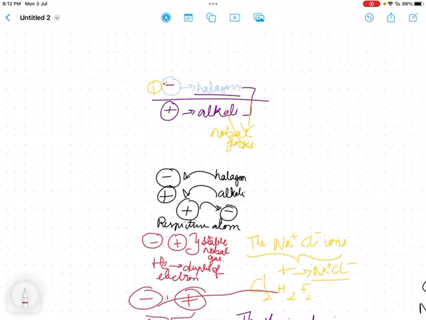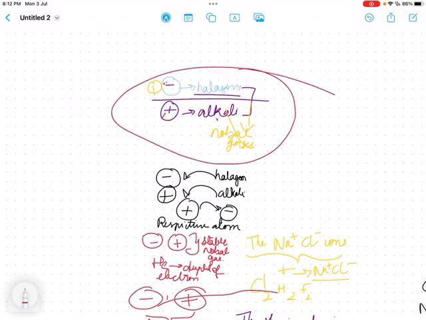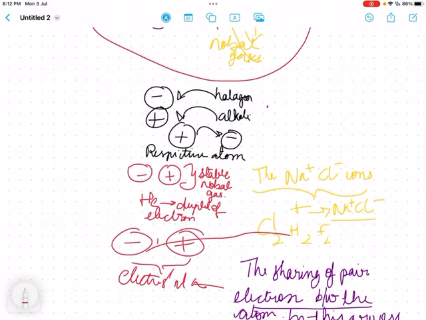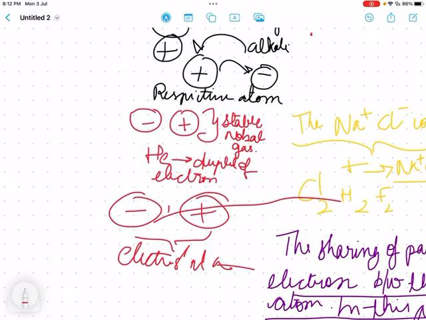These are formed by the loss and gain of electrons by the atoms, and the ions attain the stable noble gas configuration, with helium having a duplet of electrons. The positive and negative ions are held by the electrostatic force of attraction.